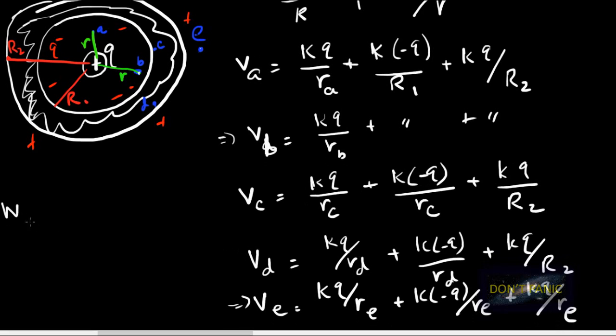If you want to find the work in going from E to B or B to E, that would be whatever charge you're moving times VE minus VB. This is your potential difference, and potential difference times Q would give you the work done.